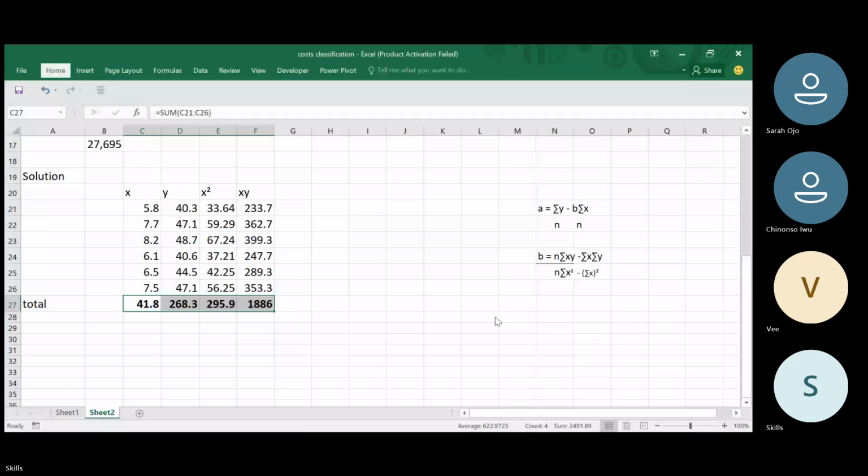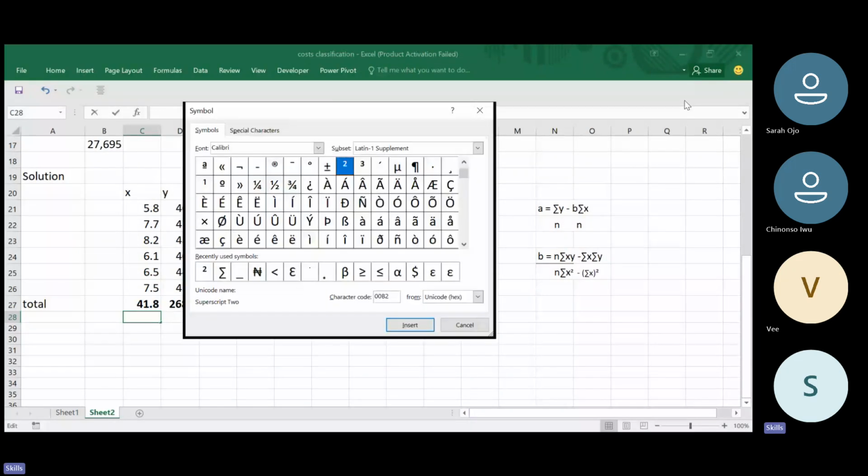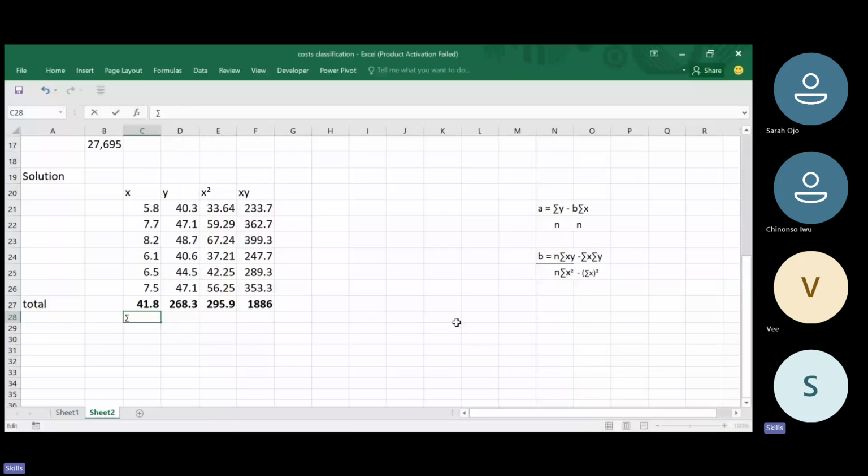Good. So these are the totals. This is what we refer to as summation x. When you come to your formula, when you see summation x, you substitute it with this. Then next, this is summation y.